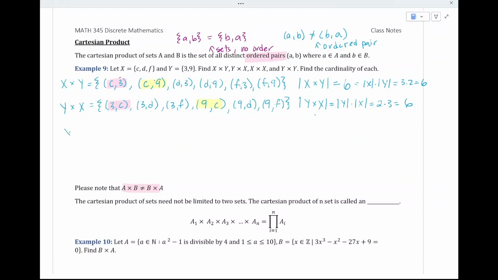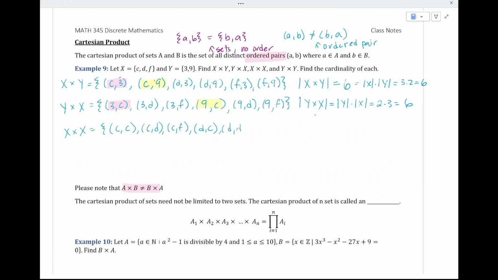Let's do X cross X. And that is going to be first element from X, second element also from X. So we'll have (C, C), and then (C, D), and then (C, F). And then (D, C), which is different than (C, D).